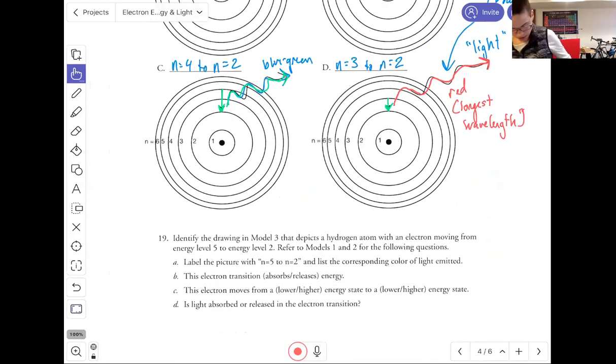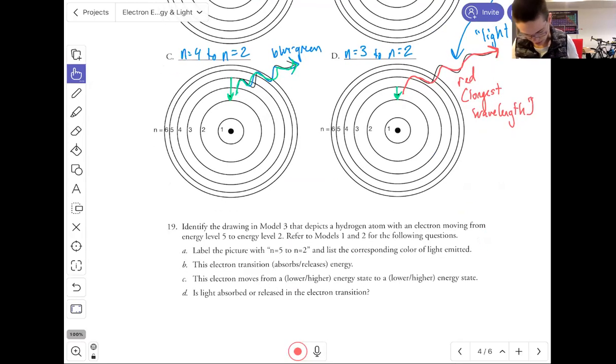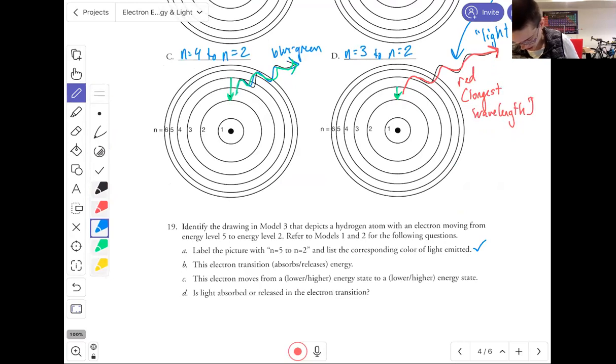Okay, so we've actually already done most of these things. We labeled everything there, and we said that for this transition, are we absorbing or releasing energy? Releasing. We are releasing energy because my electron moved between excited and ground.